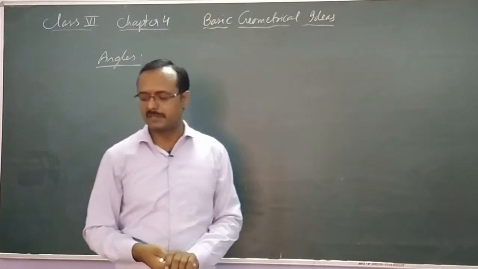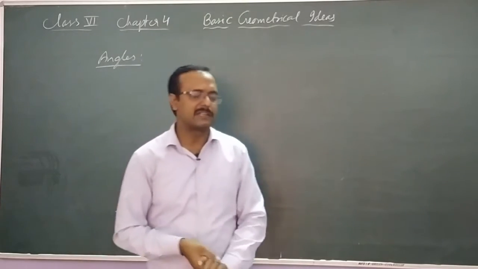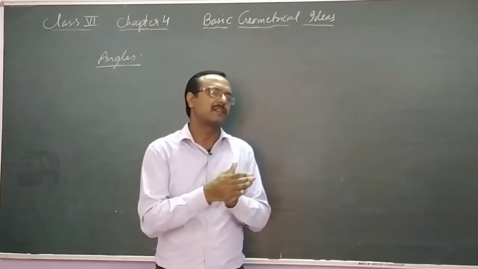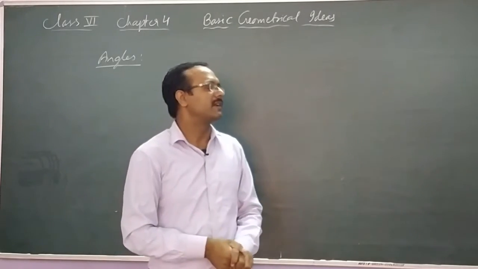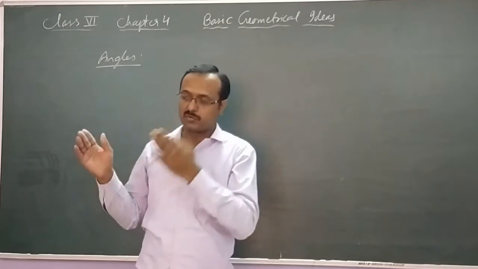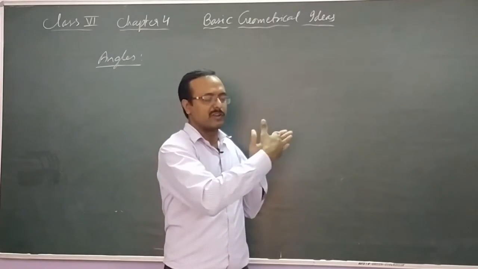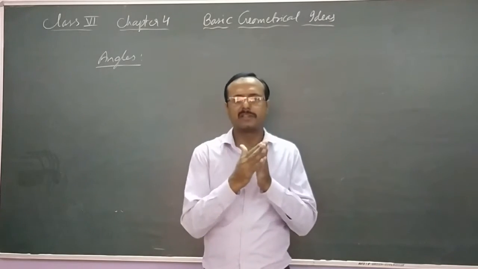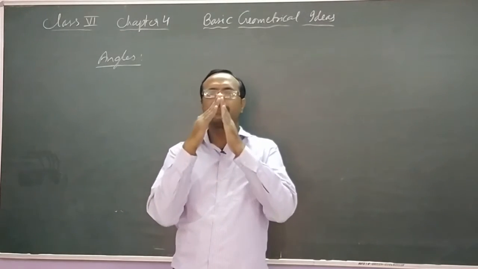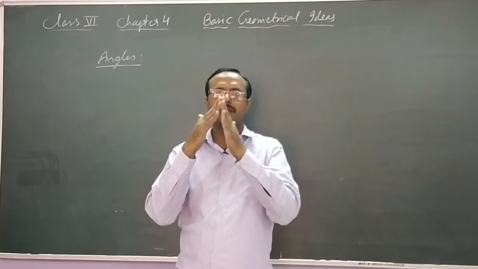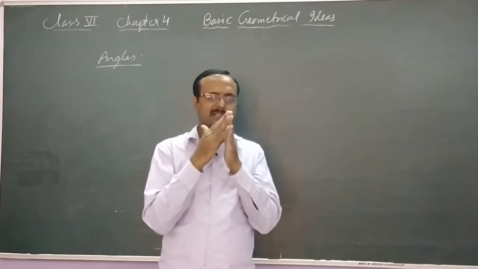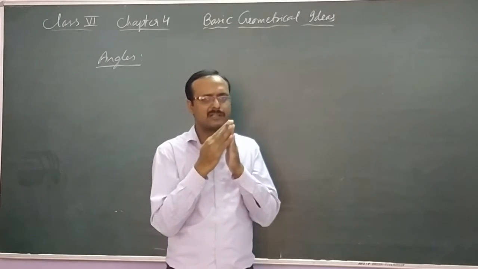Many times we have seen two lines intersecting each other and they are inclined to each other at some angle, some degree, and we have seen the corners in rooms where walls are joining each other. Whenever two straight lines join each other, they form some gap in between them, they make an inclination, and that type of inclination is generally considered an angle.